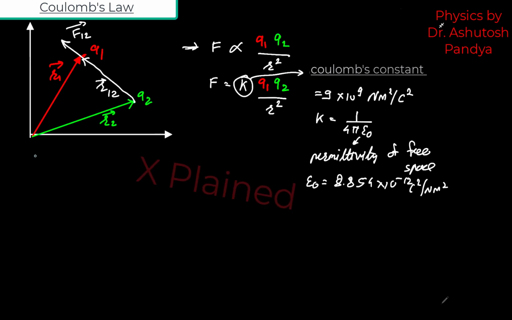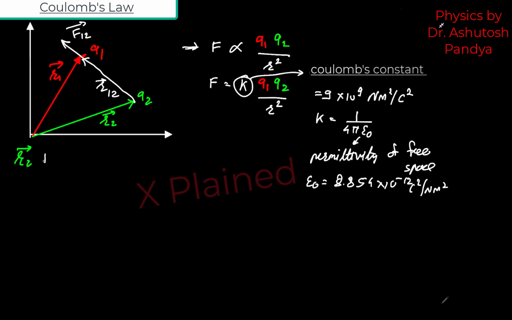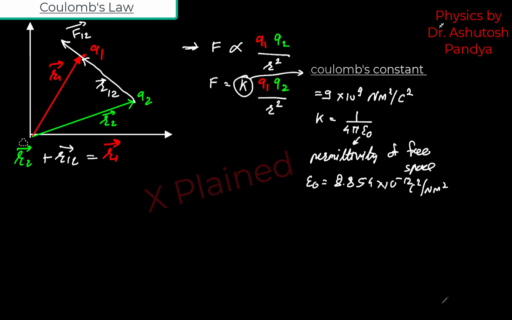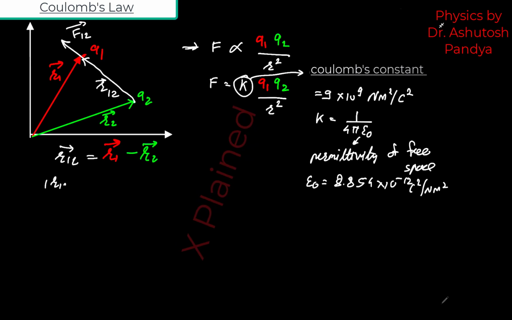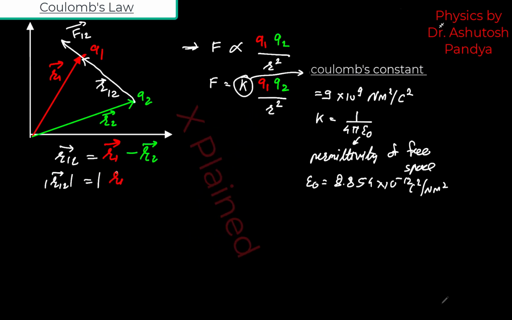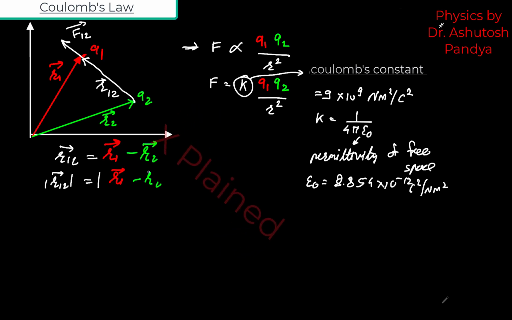Now from the geometry of the figure, we can say the summation of R2 plus R12 will be R1 bar. We need to find out R12, so let's make it the subject. If we move R2 to the right side, that term will become negative, so we'll get R12. And to find the direction of it, we also need the magnitude, so we'll get the magnitude of R1 minus R2.